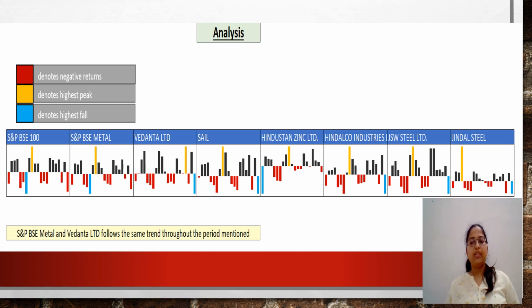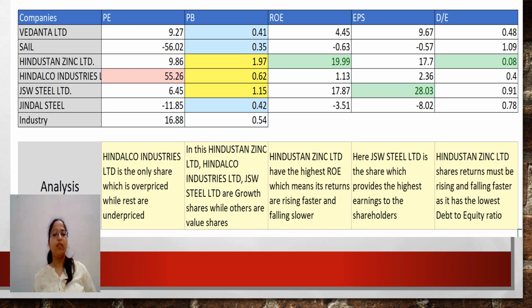No other companies are seen following any trend from this dashboard analysis. In the fundamental analysis, we see that Hindalco Industries is the only share which is overpriced, and companies like SAIL and Jindal are highly underpriced companies. In PB, we see that Hindustan Zinc, Hindalco and JSW Steel are growth shares, while others are value shares.